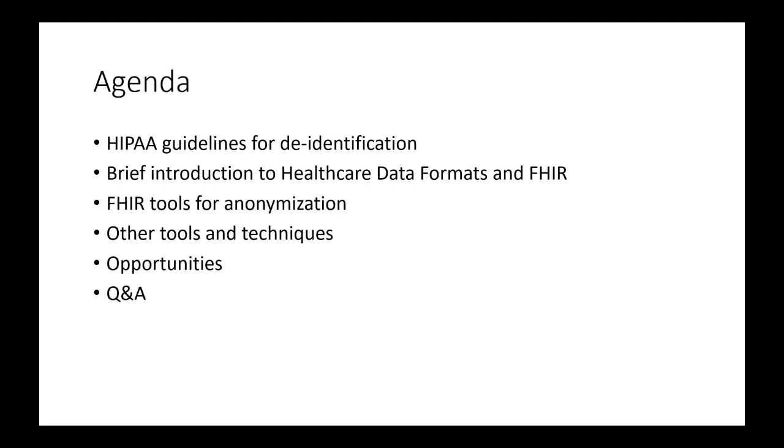This is an open source project from our team, and how this helps in de-identifying FHIR data for different secondary use purposes, such as analytics and research. We'll also look at some other tools that are available for anonymization. Finally, we'll look at some of the research opportunities that exist in this area, and if we have those kinds of solutions, then this area can be improved significantly.